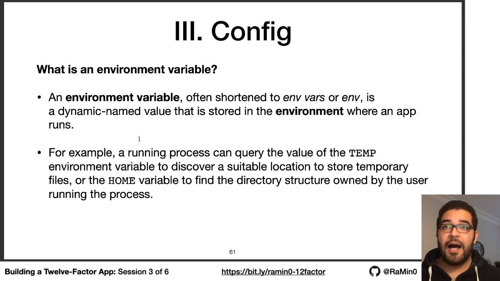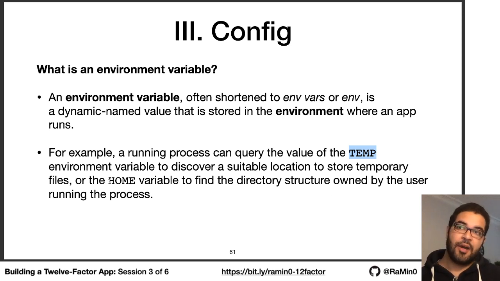I'm using it and then doing whatever I want with it. I'll show exactly how to define these variables and how to use them in the code, but this is basically what an environment variable is. It's something that cannot be found on disk, but it exists and it's available for our apps to use. Examples are the temp variable, which tells our application where to create temporary files if it needs to create any.